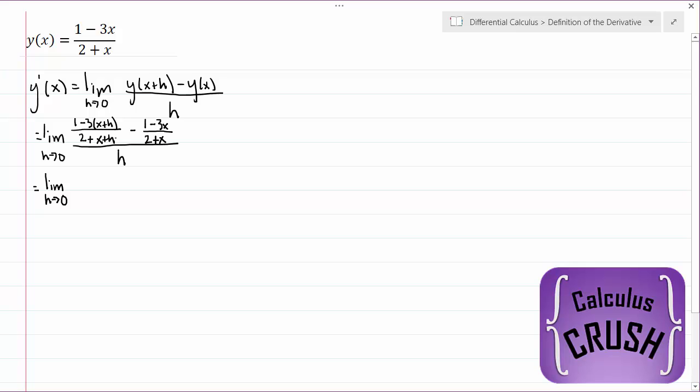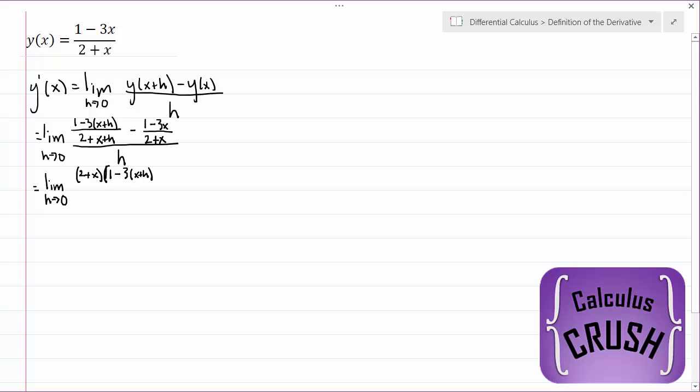So the common denominator is going to be (2 plus x plus h) times (2 plus x). So I need to multiply this one by (2 plus x) over (2 plus x). So I'll do that here: (2 plus x) times (1 minus 3(x plus h)).